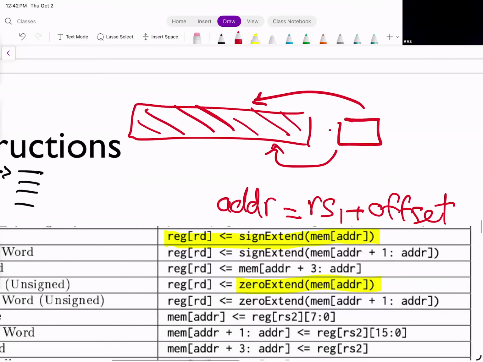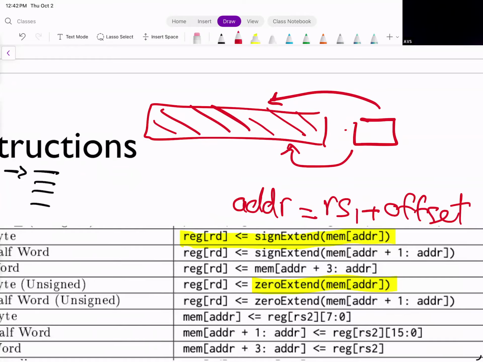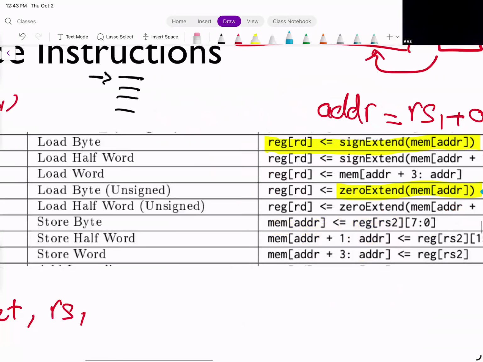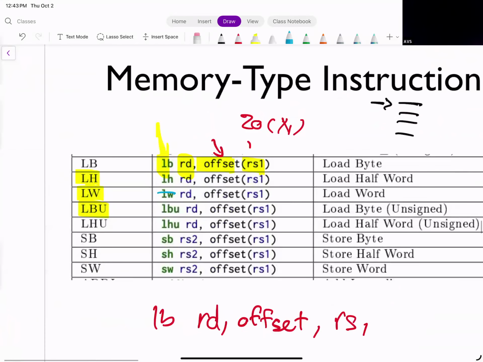Good. As I said, here, if it says zero extend, it means that I just put all zeros and write it. But as I said, this could vary depending on the implementation. This table is just an example. Okay? So we have LH, LW, LBU, LHU.